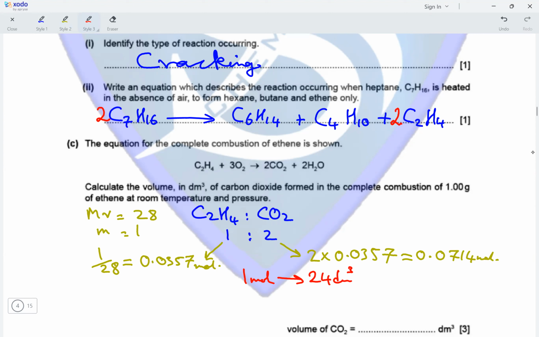So the volume of carbon dioxide when it has 0.0714 moles present would be 0.0714 multiplied by 24 dm cube, giving us a value of 1.7 dm cube. So the answer would be volume of CO2 is 1.7 dm cube.